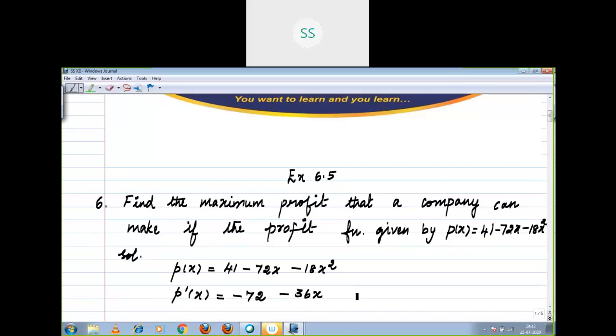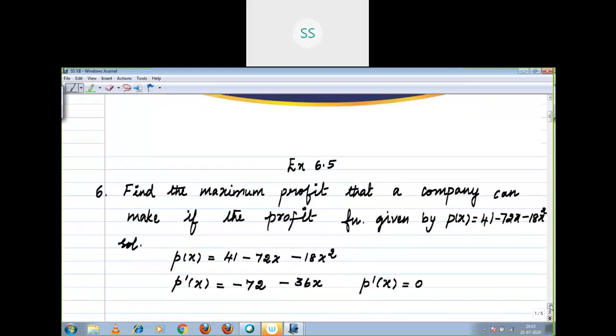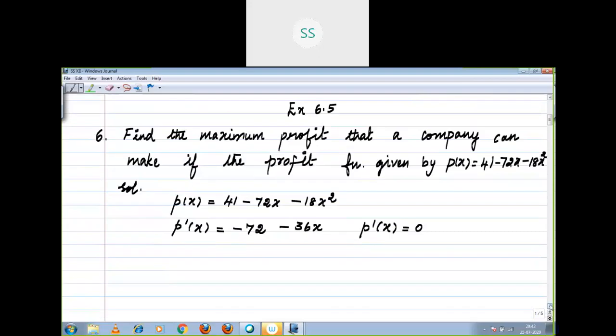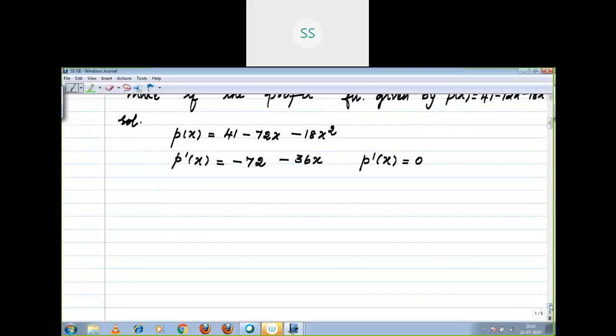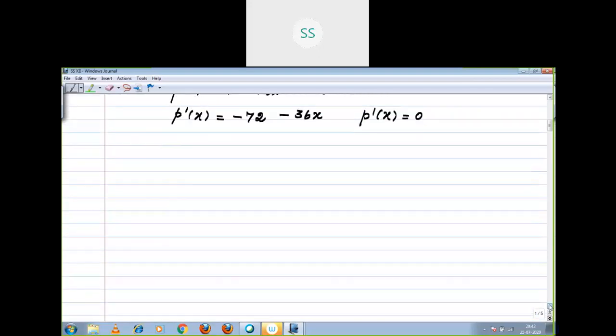The next step, you have to equate the derivative to 0. P'(x) = 0. Now it is -72 - 36x = 0.